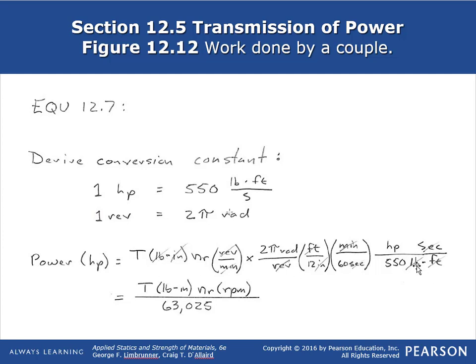Pounds in the numerator, pounds in the denominator, inches and inches, revolutions and revolutions, minutes and minutes, feet and feet, and seconds and seconds. So all we're left with is units of horsepower. And if you take all of these constants and multiply them together, you get 63,025.